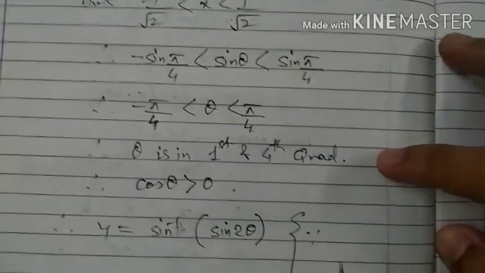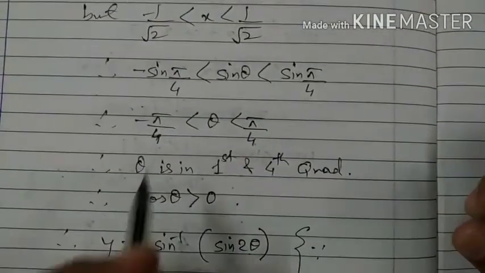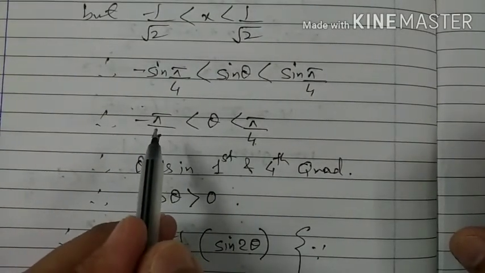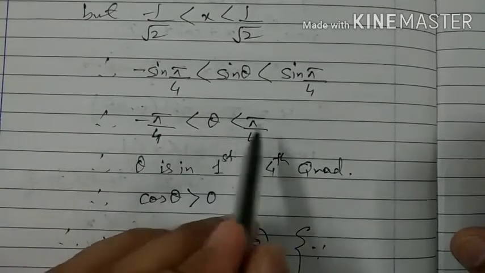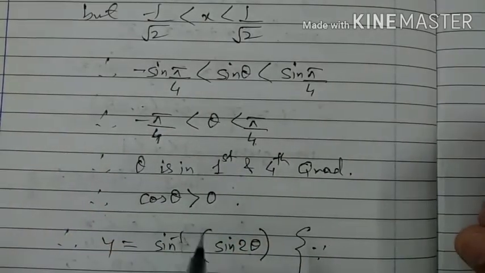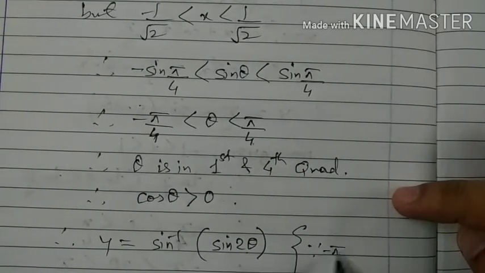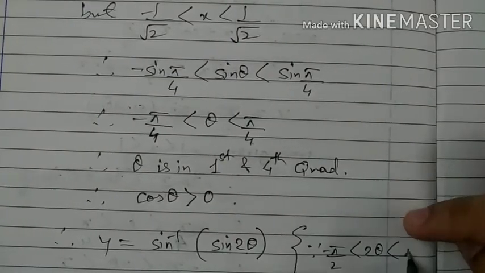From this, the range of 2 theta can easily be obtained by multiplying by 2. If we multiply by 2 in all terms, then we'll get the range of 2 theta. So minus pi by 4 multiplied by 2 is minus pi by 2, less than 2 theta, less than pi by 2.